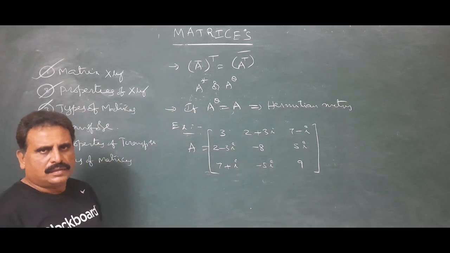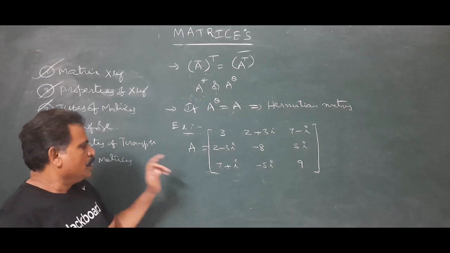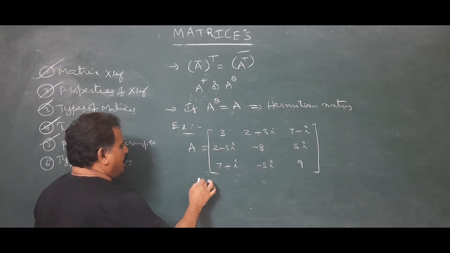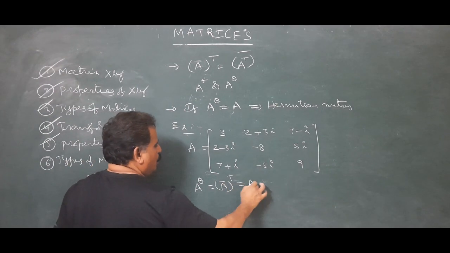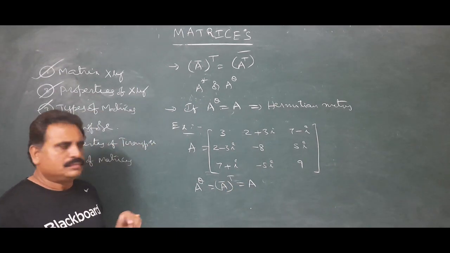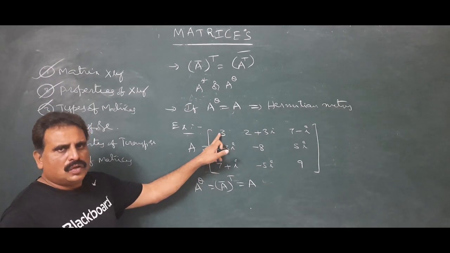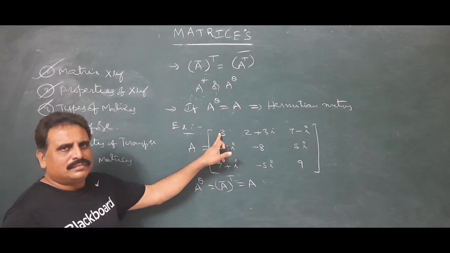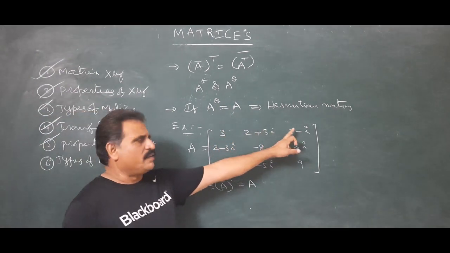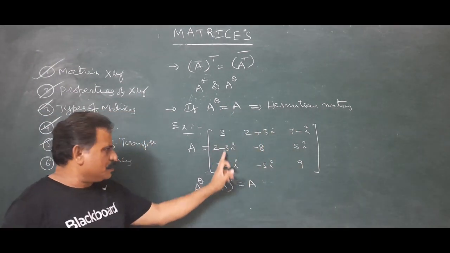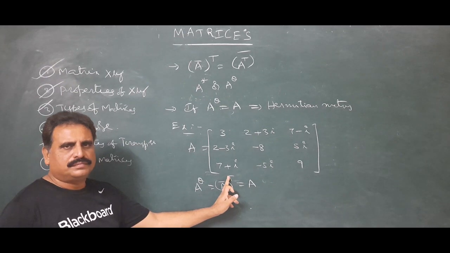Look at that matrix. Definitely that is A bar transpose. A theta means that is A bar transpose equal to A. Surely. Look here. First row conjugate is 3, 2 minus 3i, 7 plus i. Check that. That is the first column.